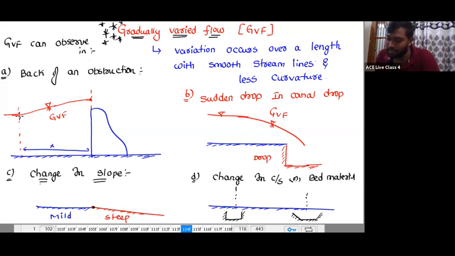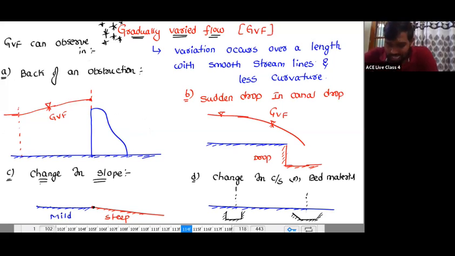Yes or no? And this is a Y. So if I know the slope dY by dX, if it is positive, then it is going to be rising. If it is negative, then it is going to be falling. So the first thing is we are going to find out whether the slope is rising or falling. Once I know the slope is positive or negative, I can say the GVF is rising or falling.